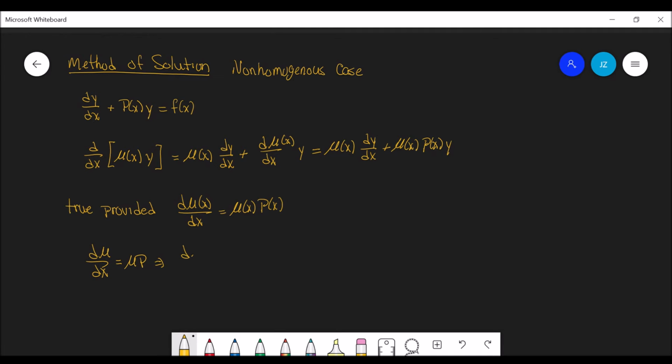So we get dμ over μ is equal to p dx. So we now have the log absolute value of μ is equal to the integral of p dx plus, call it some constant.